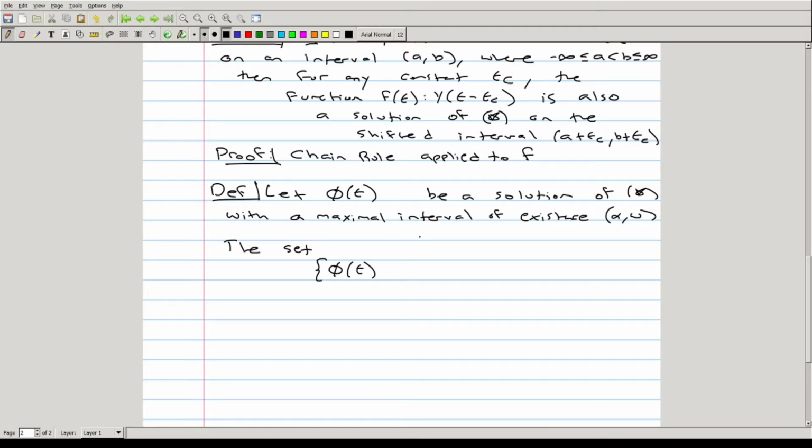So the set of values of the solution for all t in the interval of existence is called an orbit of the differential equation star.